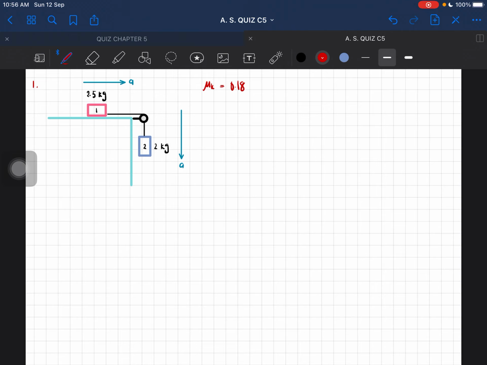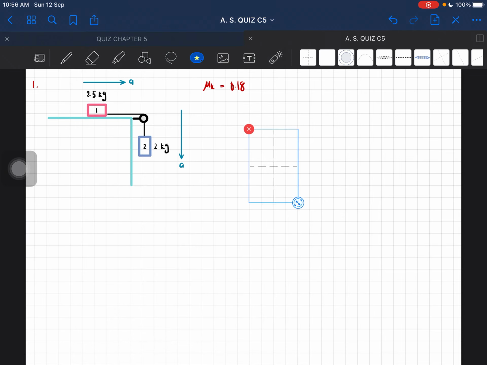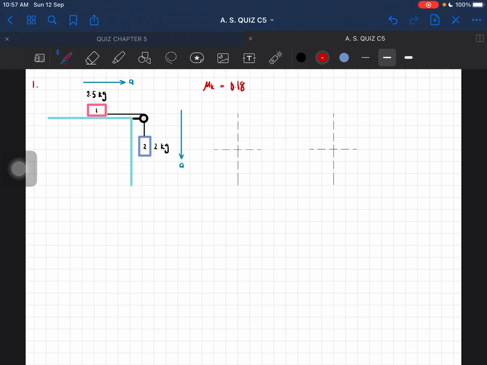Now we have to draw the free body diagram. This is for the 2.5 kilogram block, and then another one is for the 2 kilogram block. For the first block, it has mass, and it is in contact with the surface, so it has a normal force.